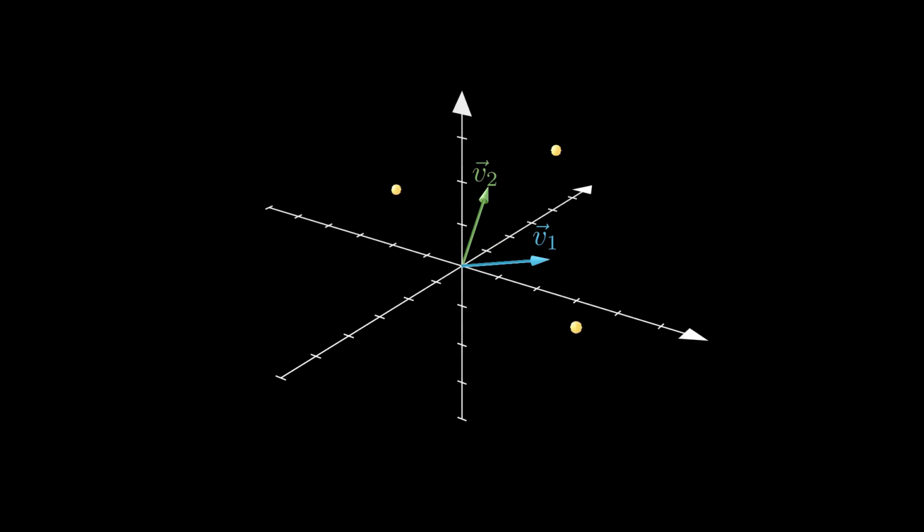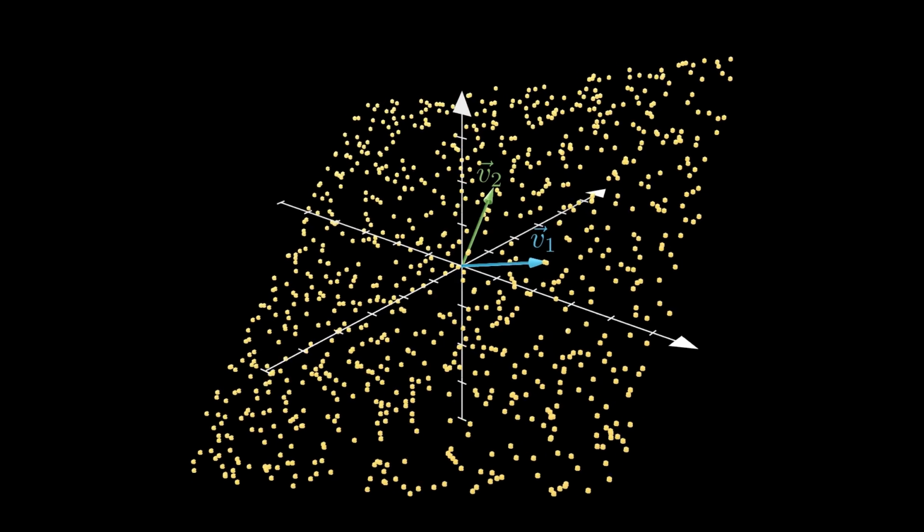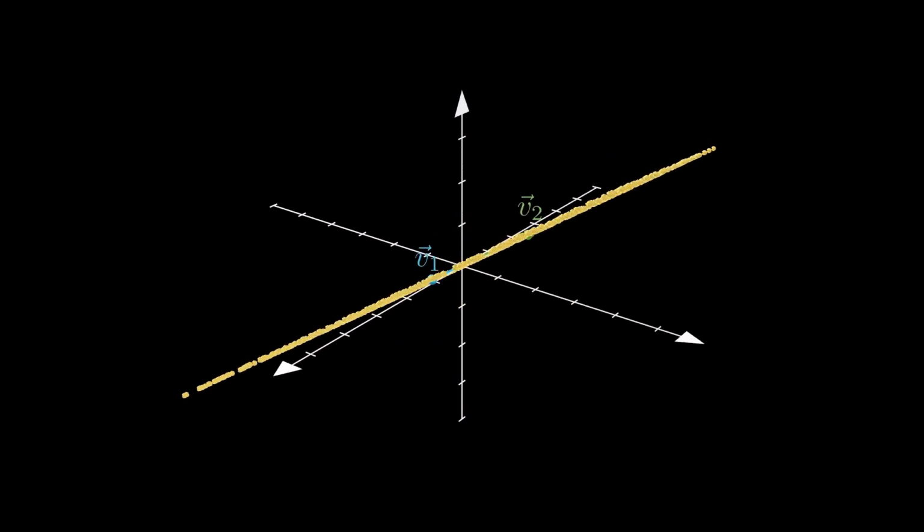We want to consider all possible sums of this form with different coefficients c1 and c2. So we randomly sample pairs of c1 and c2 and represent the sum with points just as we did. Now, what possible vectors can be reached with a sum like this? Can they all?